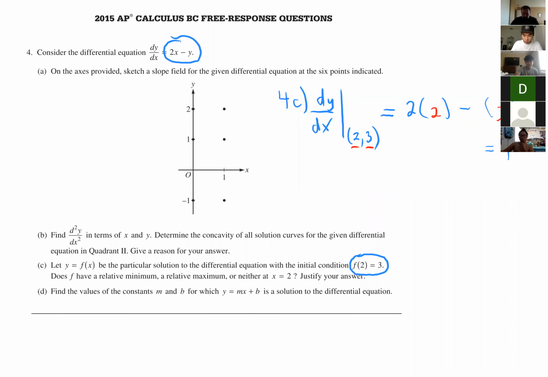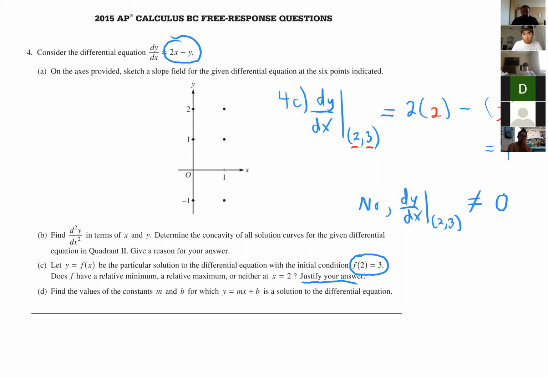So make sure you justify your answer. You could say no, and the reason is dy over dx at (2, 3) does not equal 0. How you write your answer is important. You might know why, but if you can't explain it correctly, you're not going to get the justification point.